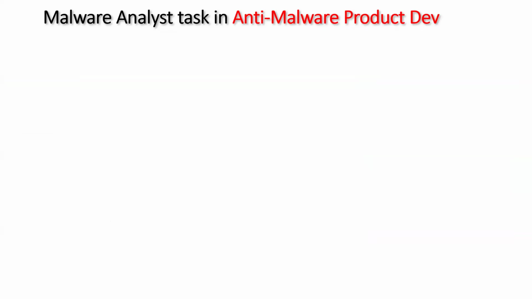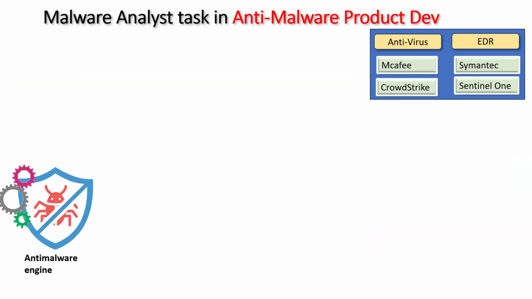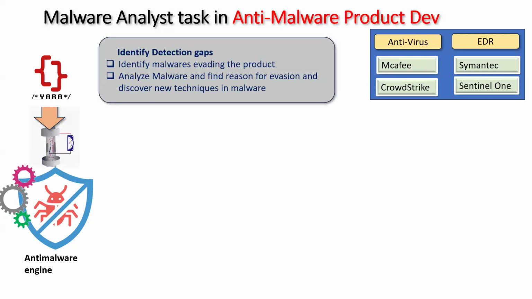So let us talk about what is the task of a malware analyst in anti-malware product development companies like McAfee, Symantec, CrowdStrike, SentinelOne. So the anti-malware product development organization, they have an anti-malware engine, which is fed with the content or rules. So basically a malware analyst working here, they need to identify the detection gaps. They need to identify malwares which are evading the anti-malware product.